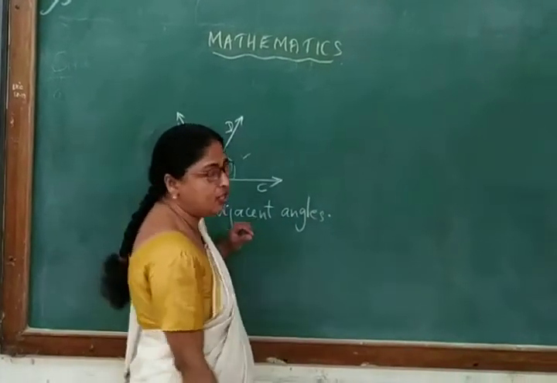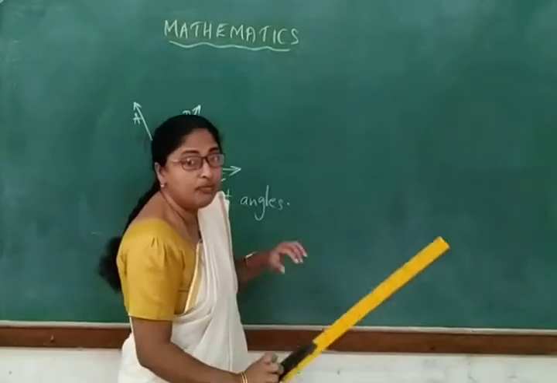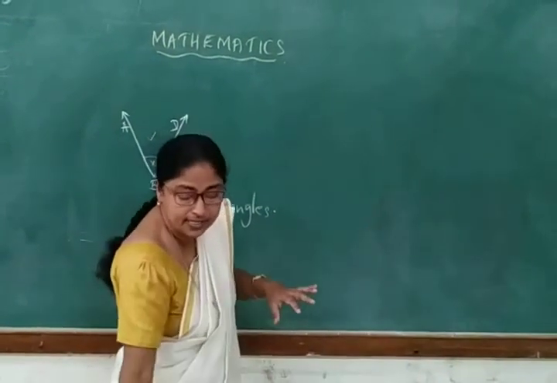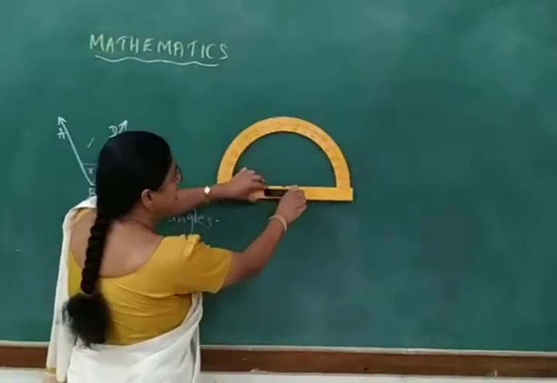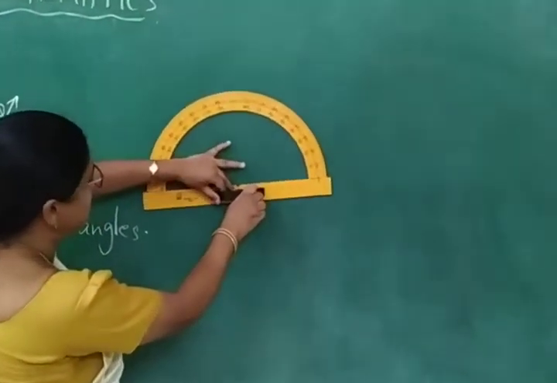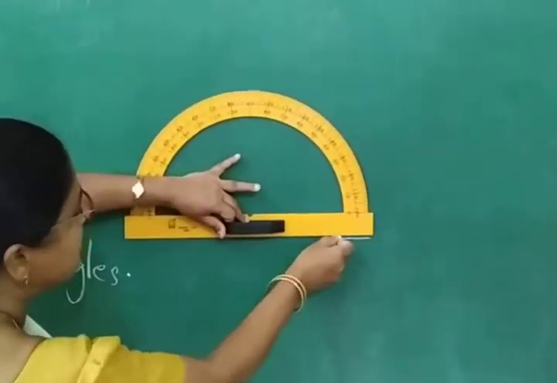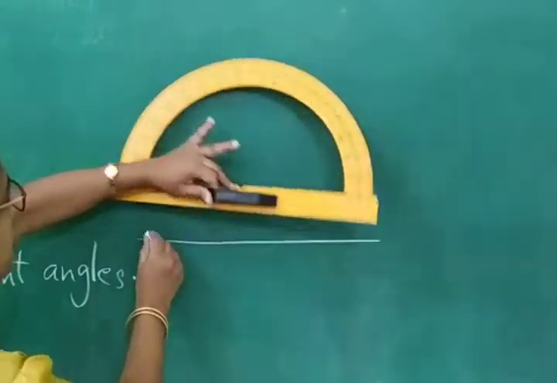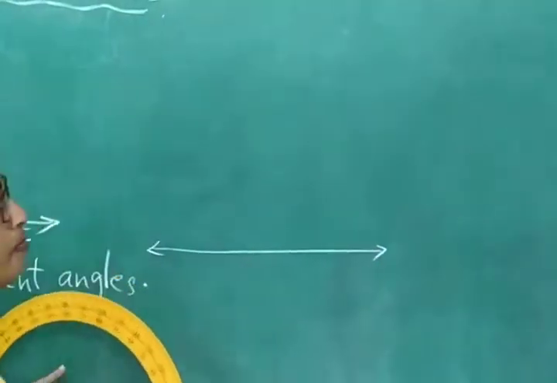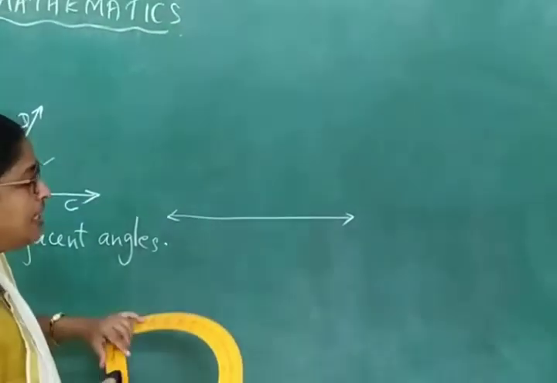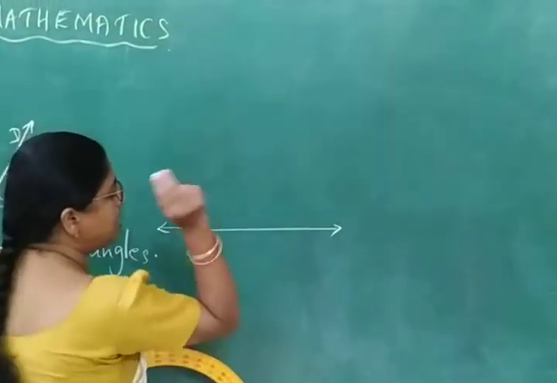Now complementary angles. If the sum of the measures of two angles is 90 degrees, then those two angles are called complementary angles. They can be adjacent, or may not be adjacent. This is a straight line.